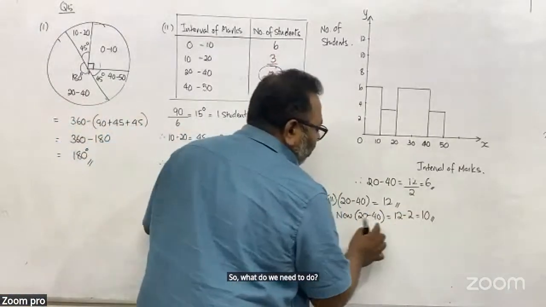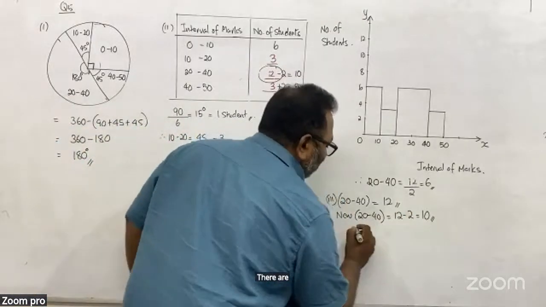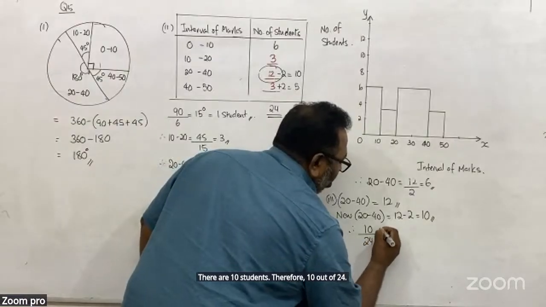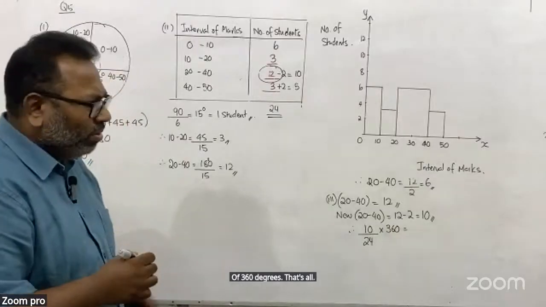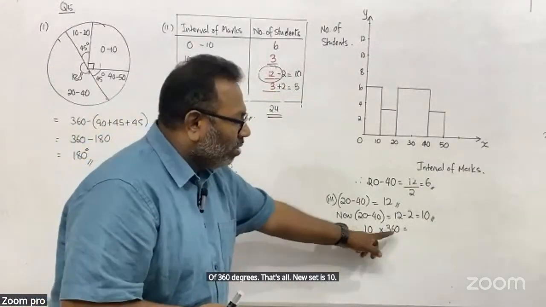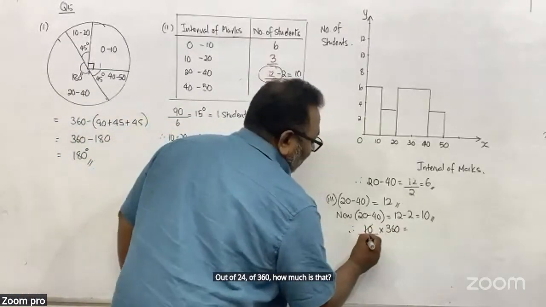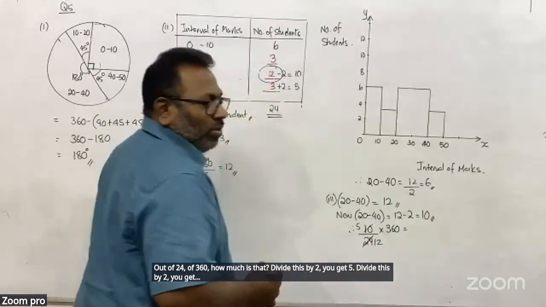We know for the new people 20 to 40, there are 10 students. Therefore, 10 out of 24 of 360 degrees. That's all. New set is 10 out of 24 of 360. How much is that? Divide this by 2, you get 5. Divide this by 2, you get 12.